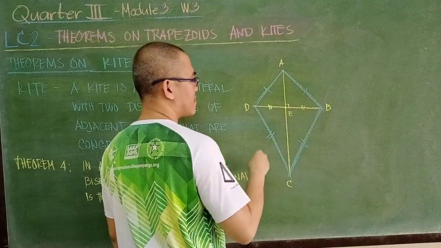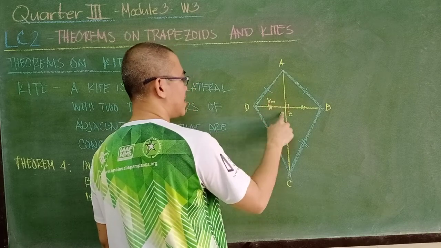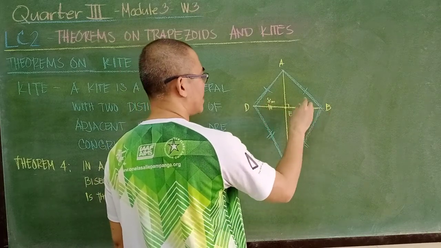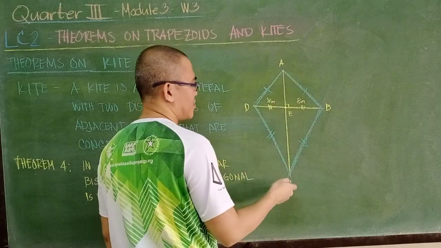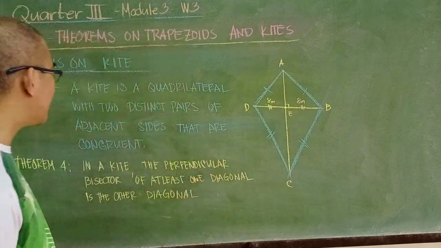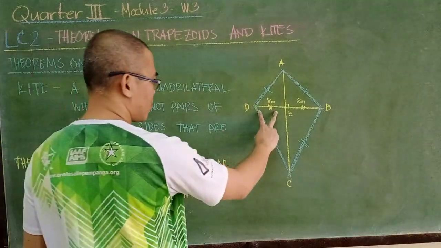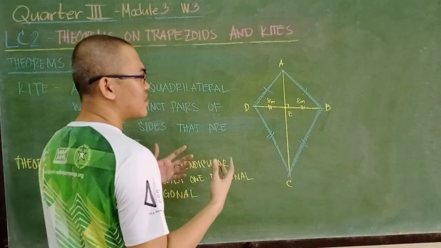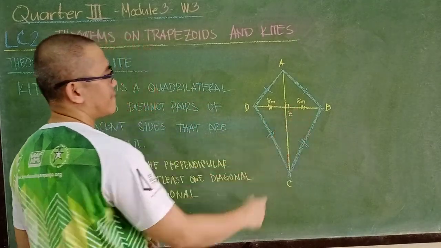So, ibig sabihin, let's say this is 8 meters. DE is 8 meters. Yung BE is also 8 meters kasi ito yung perpendicular bisector nila. So, ganyan yung theorem number 4. Kung ano yung sukat nito, actually yung mas maliit na diagonal, kung ano yung sukat nito, yun yung sukat sa kabila.